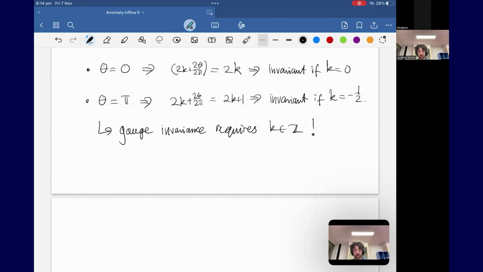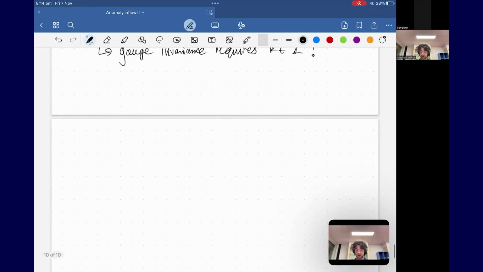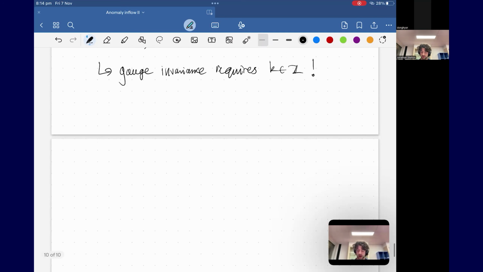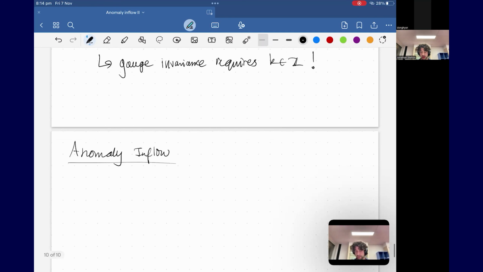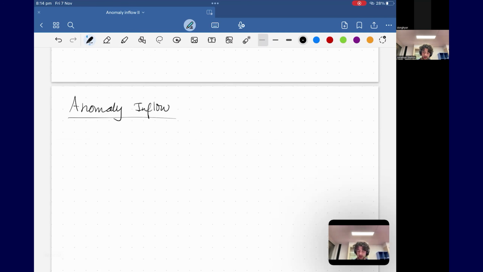Okay, so that's an abstraction. But this is where the anomaly inflow phase comes into play. So this is where we make the connection to anomaly inflow. So we have our S1, which was going to be the theory on the compactified theory.